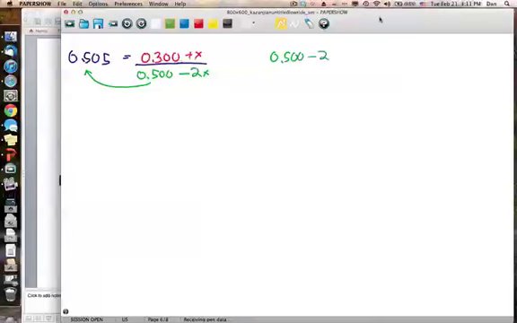0.500 minus 2x times 0.505, dropping the units, is equal to 0.300 plus x.